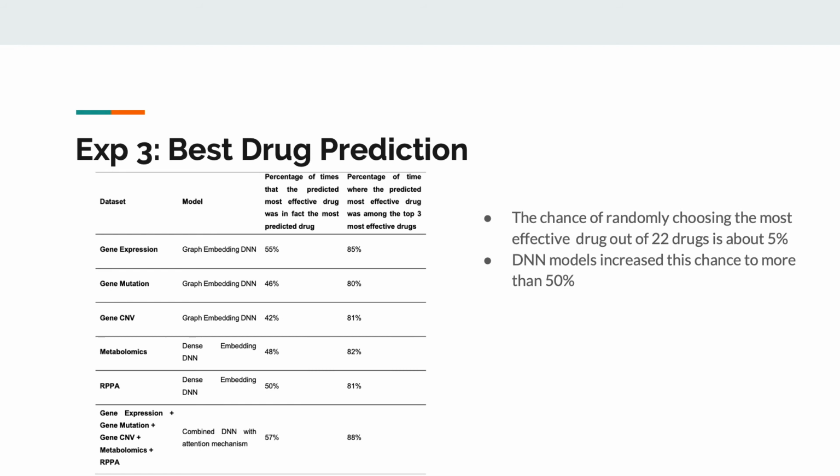The most effective drug is the drug with the lowest IC50 value, and the result is shown in the table on the left. The chance of randomly choosing the most effective drug out of 22 drugs is about 5%, and our DNN model is able to increase that chance to more than 50%.